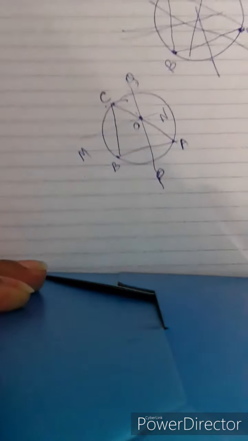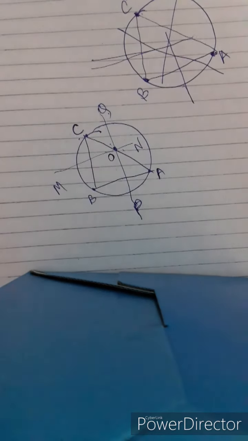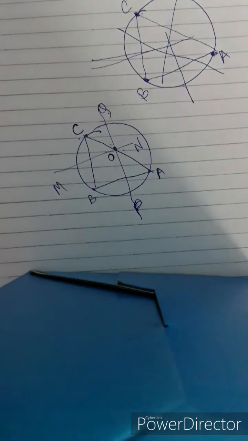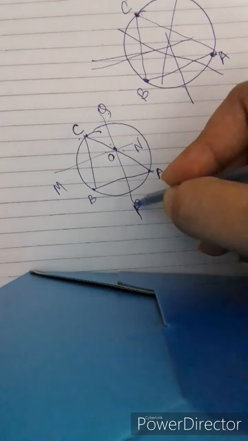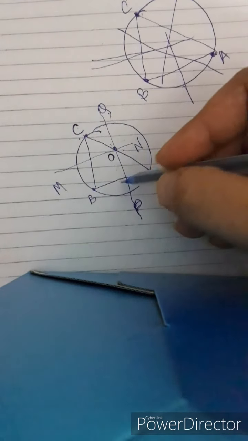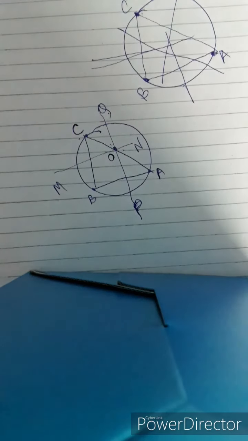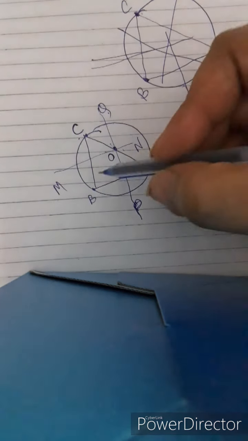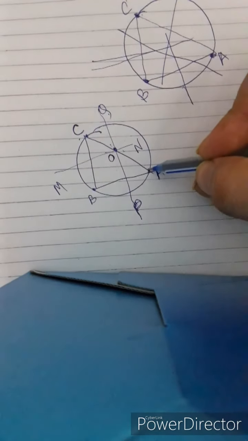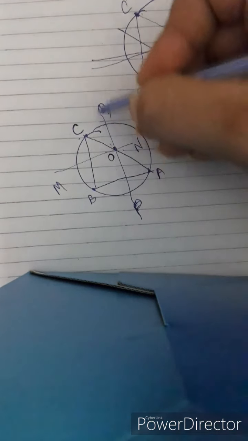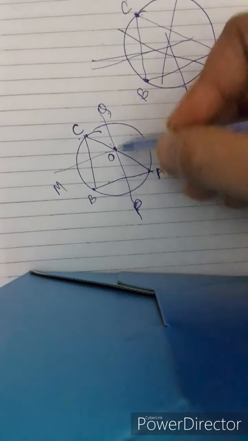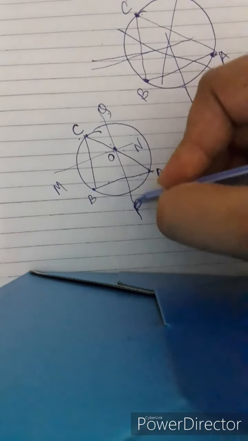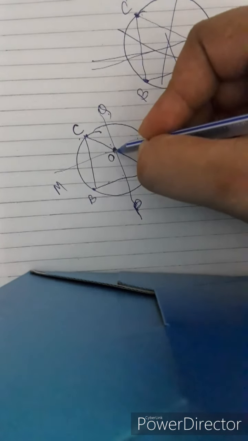Now we have drawn the perpendicular. Please remember, PQ is the perpendicular bisector of AB. We saw that if AB is a chord of a circle and PQ bisects AB as well as is perpendicular to it, this line should originate from the center of the circle.